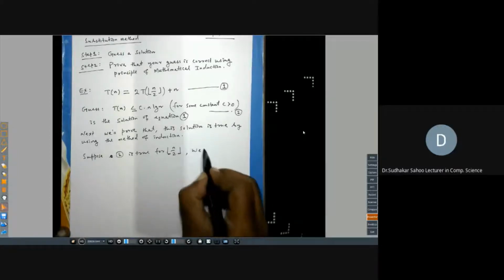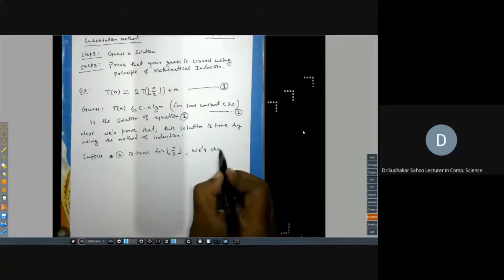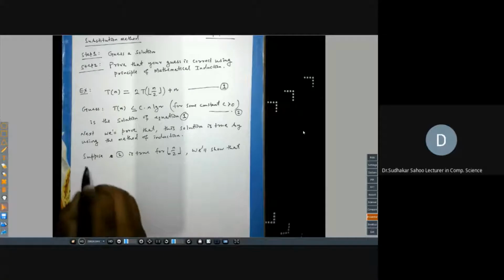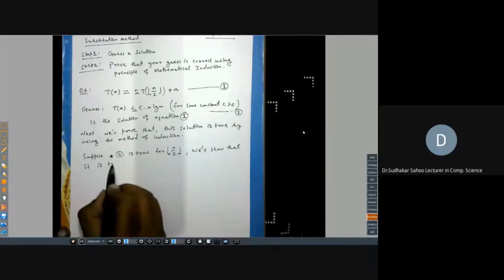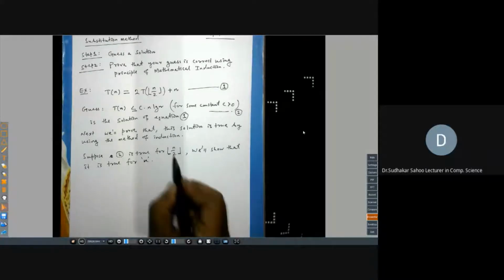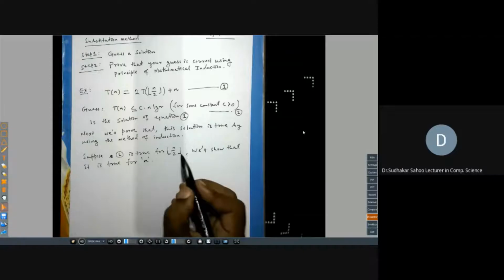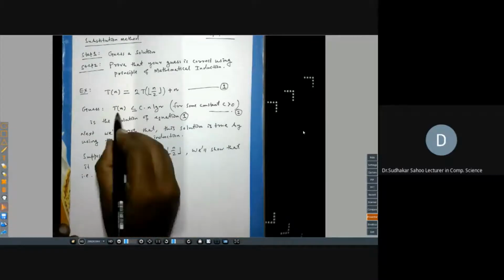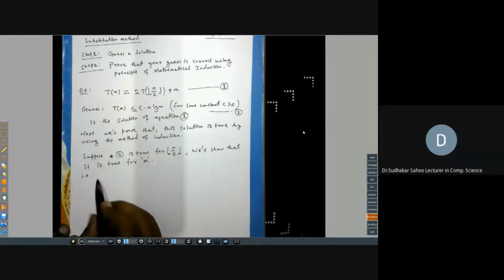So we will show that it is true for n, because n is after n by 2. This is the induction. That is, you put n equal to n by 2 here.